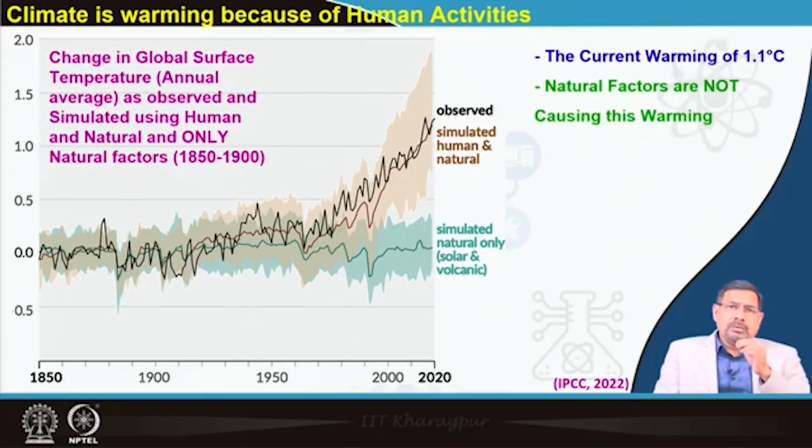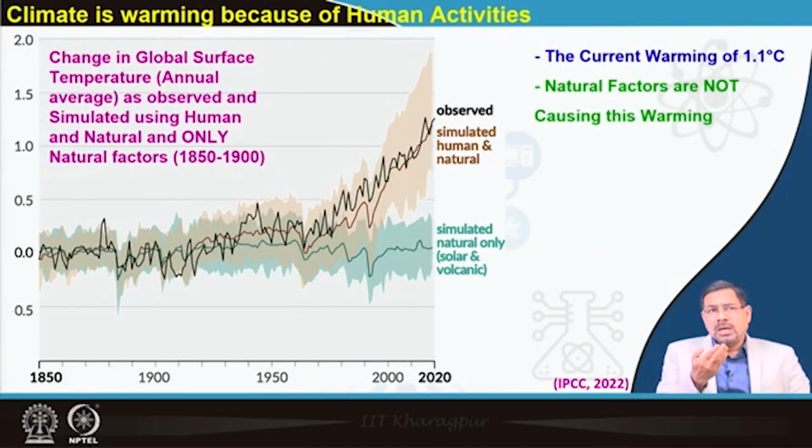When we simulated the human and natural impact together, it almost matches what is being observed. But when we remove the impact of anthropogenic, that means human influence, you see the curve coming down below, like a sand-colored curve, showing almost no change or very minimal increase.